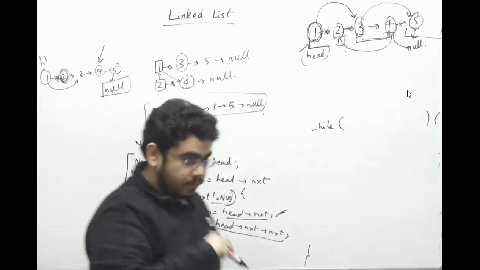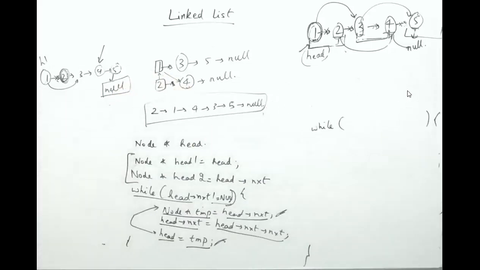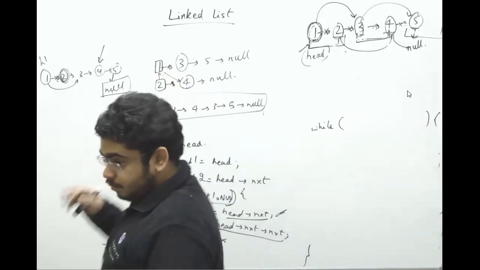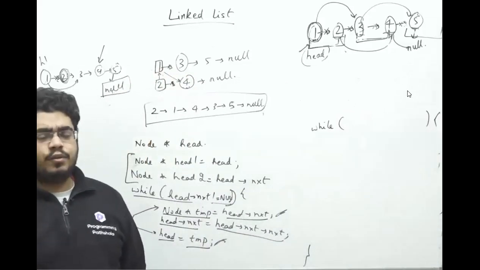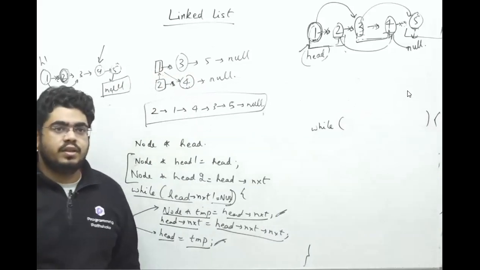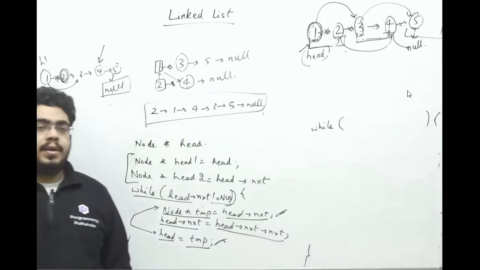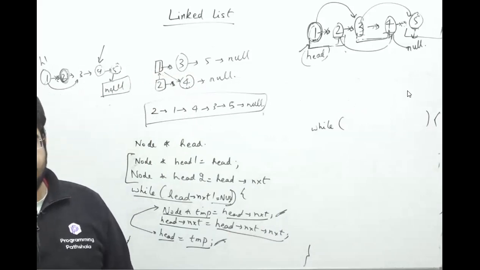Okay. So which of the two connections do you think I should make first? 2 to 1 or 1 to 4? Again, it's a matter of choice, but still, if you can see a small benefit here, should I make 2 to 1 first or 1 to 4 first?